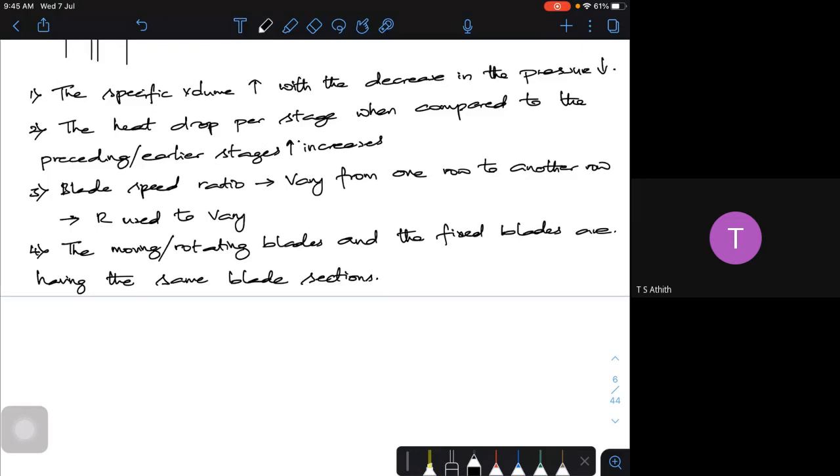Okay, when we go with this R equal to 0.5, so what remains same? Say 50% of reaction. What it is actually, it all depends on your flow angles, alphas actually. Maybe I will try to show some plots. If I try to put blade efficiency on the y-axis and on the x-axis maybe your cos alpha, at a particular point this blade efficiency will go to the maximum.